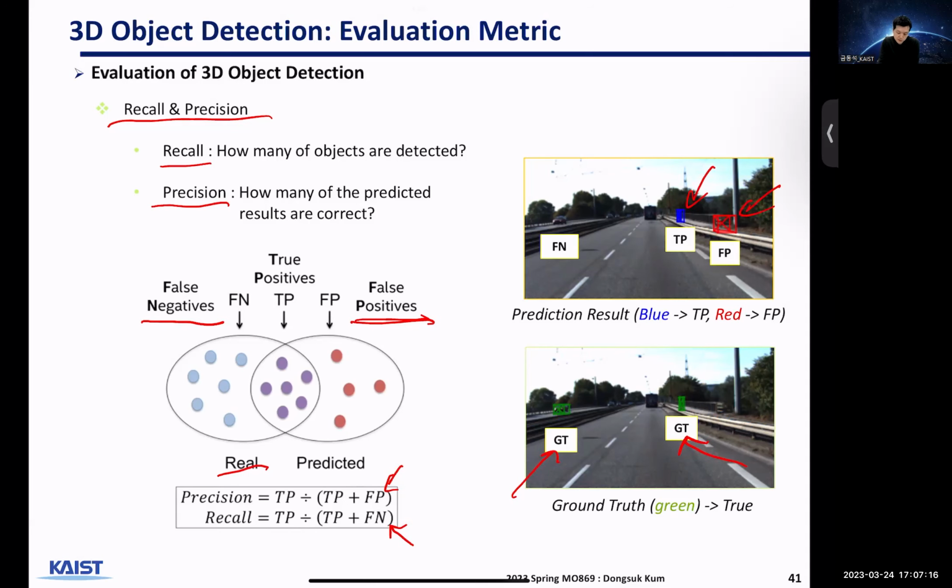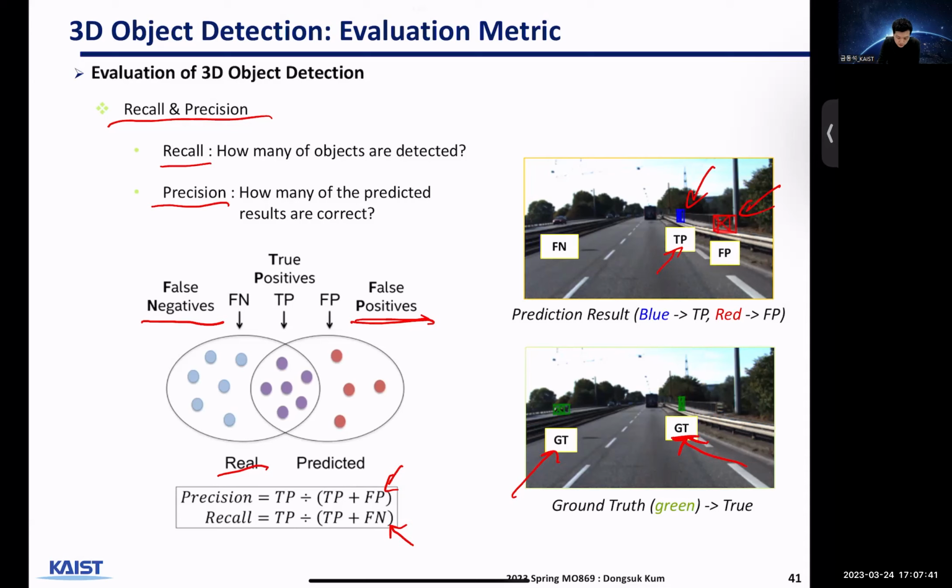If you evaluate this, then this blue box is a true positive because there is a GT here, but this red box is a false positive, meaning that you identify that there is an object, but that's false.